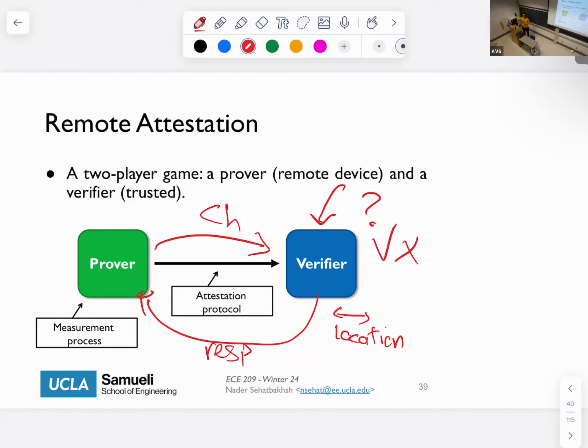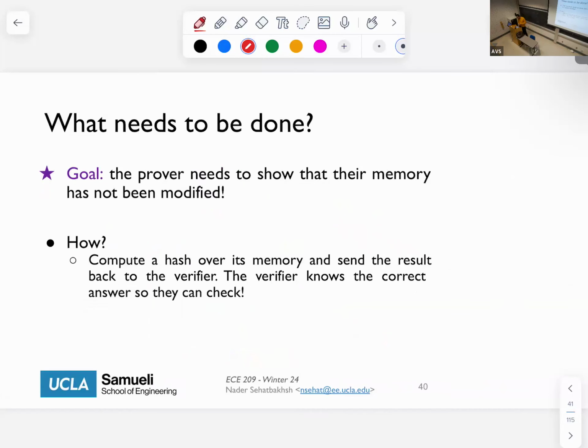Think about it like you have a robot or a drone that's moving around. You want to check whether that robot is doing fine or not. We call that a prover, and the verifier is, for example, you or your device that wants to check the status of that device. Fundamentally, the prover needs to show that the content of their memory is the same as before.